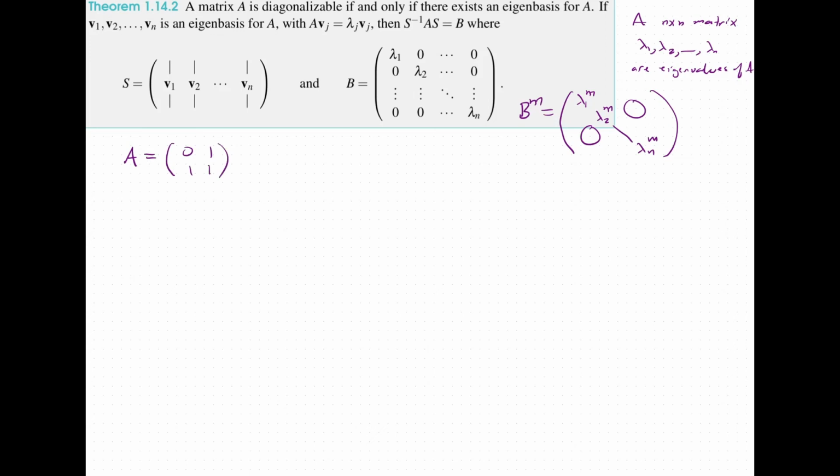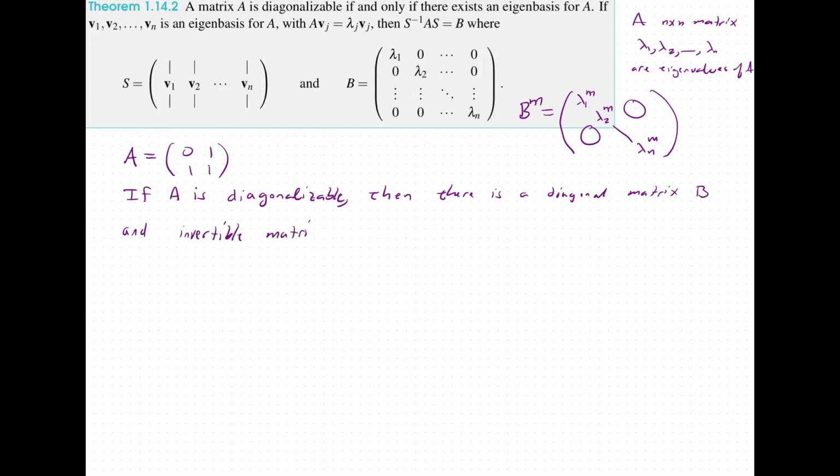If A is diagonalizable, then we know that there is going to be an invertible matrix S and a diagonal matrix B such that A is equal to S times B times S inverse.